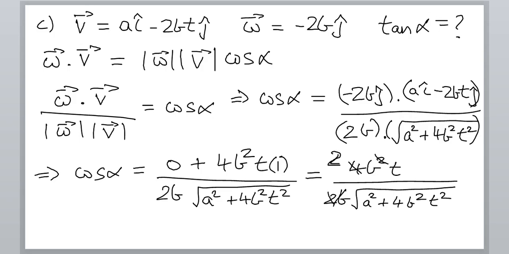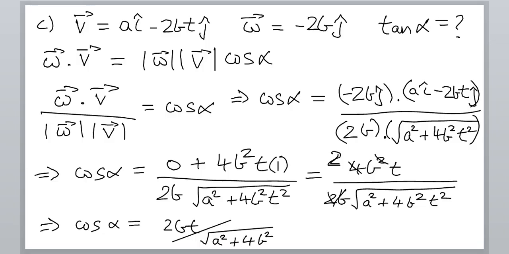Okay, so finally we can write cos alpha is equal to 2bt divided by the square root of a squared plus 4b squared t squared.